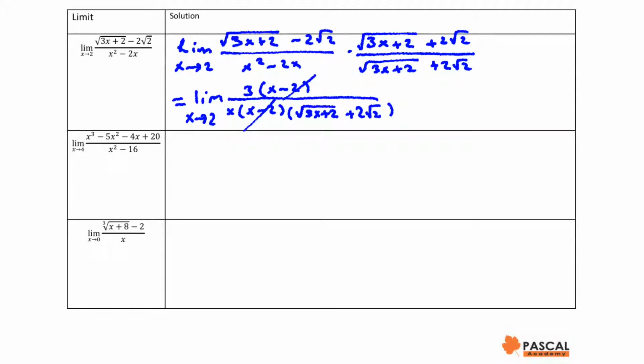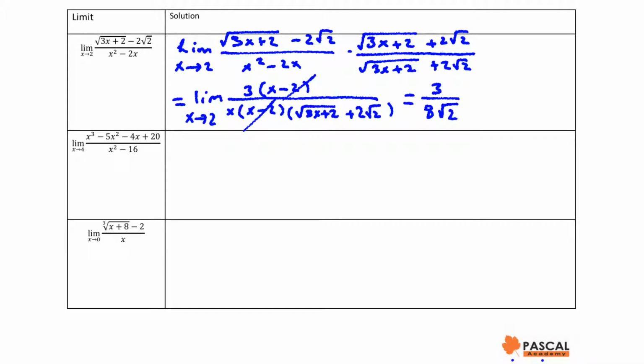Since x is not 2, we reduce the fraction. By reducing the fraction, the limit would be 3 divided by x times the square root of 3x plus 2 plus 2 root 2. When x approaches 2, the numerator approaches 3, and the denominator approaches 2 times 4 root 2, which is 8 root 2.